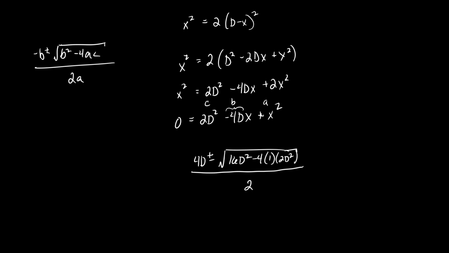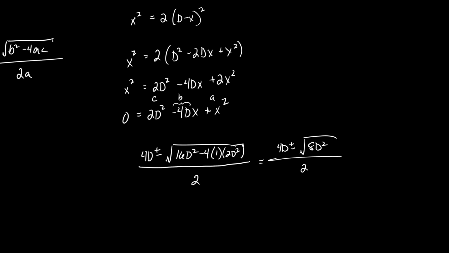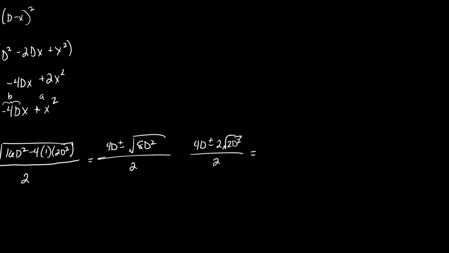So we will get 4d plus or minus the square root of 8d squared, divided by 2. We can factor out a 2 from the radical, and we'll get 4d plus or minus 2 radical 2d squared, all divided by 2. This allows us to get rid of the 2 on the denominator. And if we keep doing this, we will get 2d plus or minus radical 2d squared.